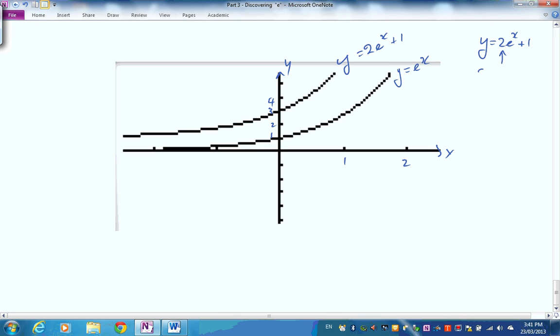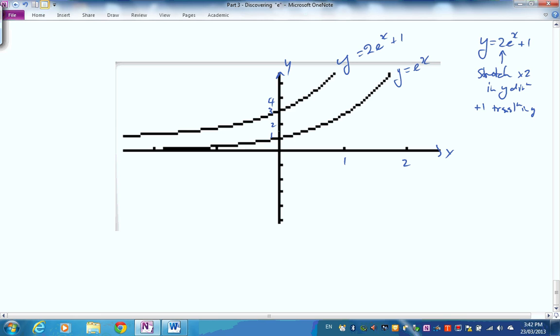First of all, there's a stretch by a factor of 2 in the y direction, and then there's a +1 translation in the y direction. Translation.